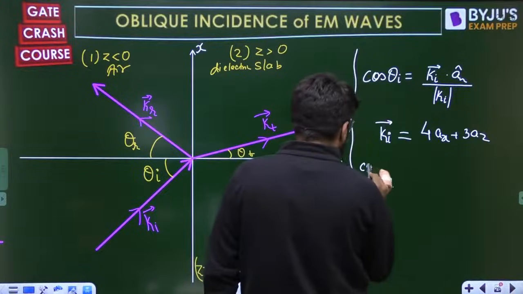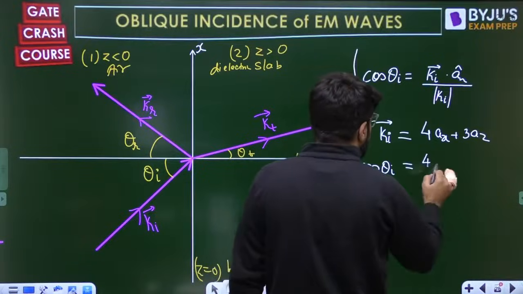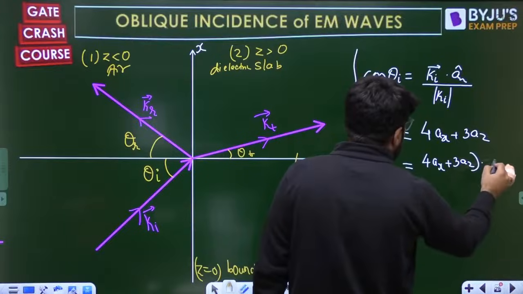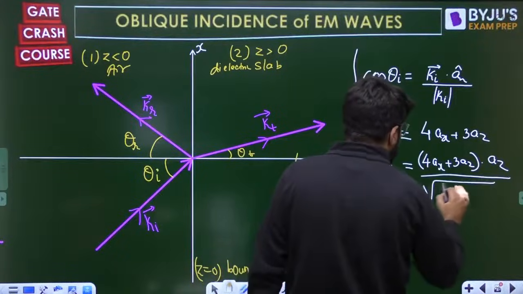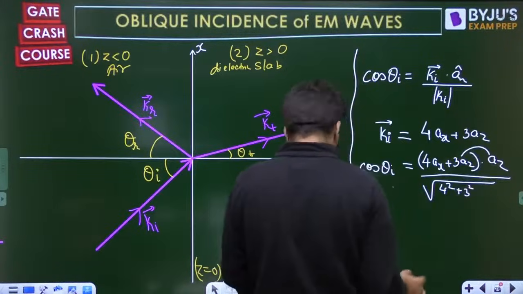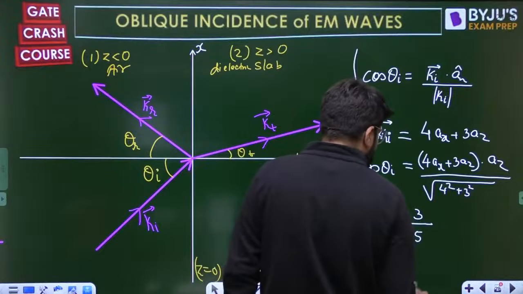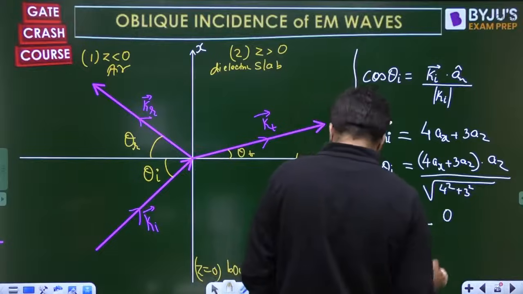So cos theta I is equal to 4ax plus 3az dot product with az, whole divided by modulus of ki, and modulus of the vector will be square root of 4 square plus 3 square. The x to z component will be 0, z to z component is 3, divided by under root of 4 square plus 3 square, that is 5. So it is 3 by 5, or 0.6.